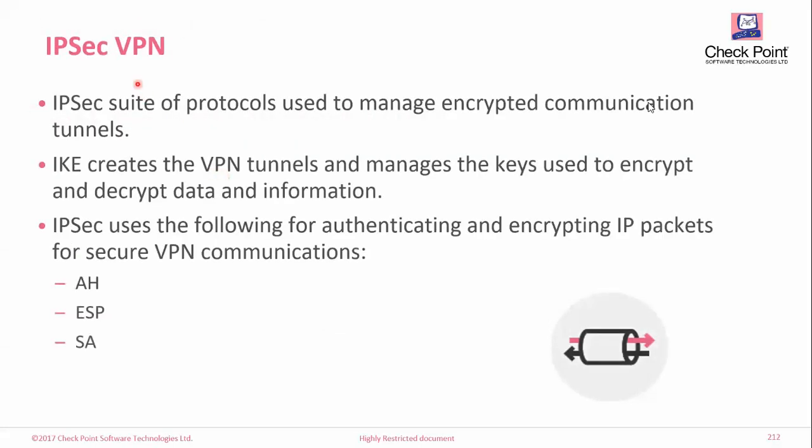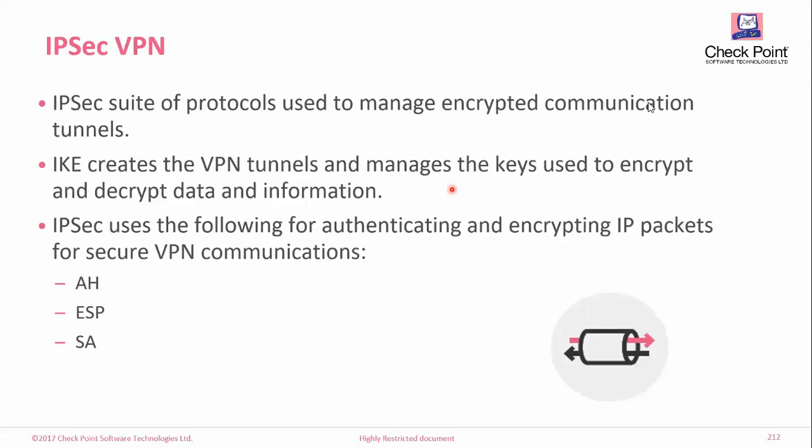So IPsec VPN. IPsec is a suite of protocols to manage encrypted communication tunnels. IKE is Internet Key Exchange, of course, and that's going to create the VPN tunnels. It manages the keys used to encrypt and decrypt the data and information. So again, what we're doing here between Alpha and Bravo, or between your company and another company that you're trying to set up an encrypted connectivity with, is that you're trying to set up a symmetric cryptographic system, where you're trying to come up with the exact same key on both sides, right?